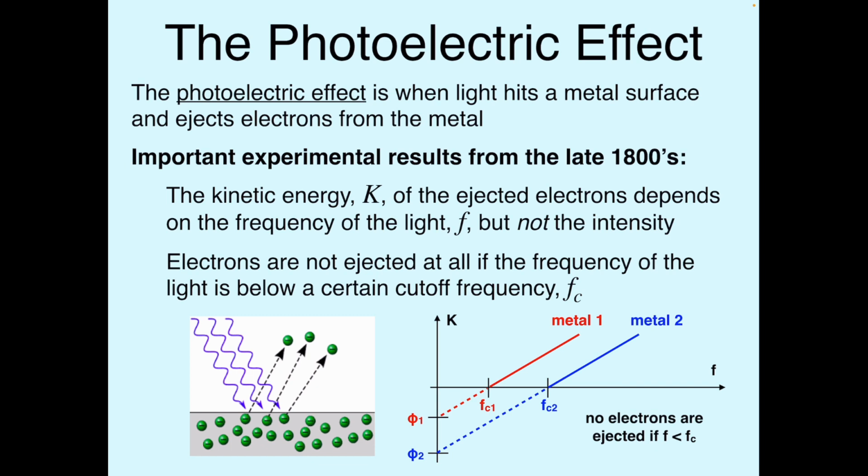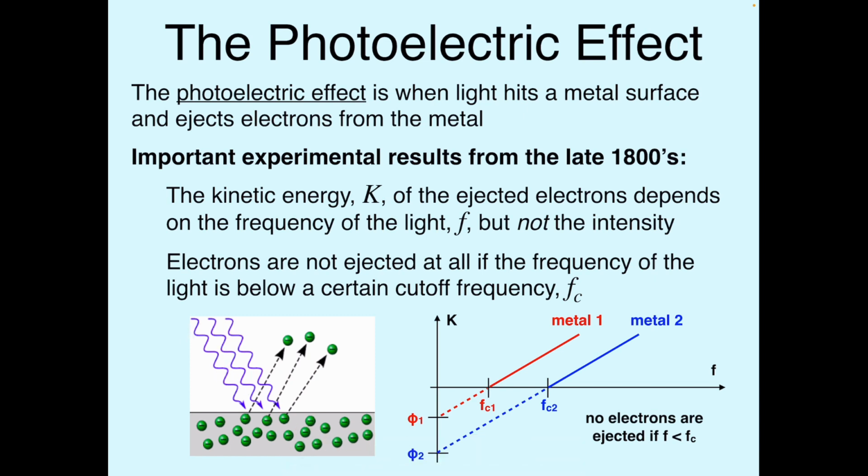So that seems a little weird when you look at it, because you might expect if you have very low intensity light, it's going to maybe not even kick the electrons out at all, or if they do get kicked out, it's going to be at a very low kinetic energy. And then if you have higher intensity light, then we kick the electrons out at a higher kinetic energy. That's probably what you'd expect, but it doesn't work that way. The intensity is totally irrelevant. The only thing that matters is the frequency of the light.